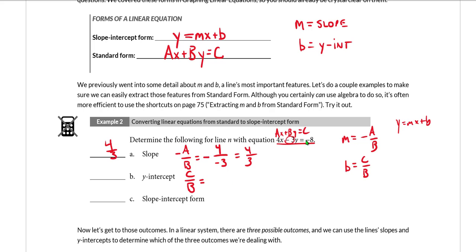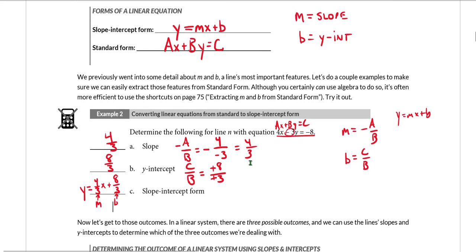So we are going to do c, which is our negative 8 over there, b, which is negative 3, and the negatives will cancel each other out, and we get 8/3. And therefore our slope-intercept form, just substituting 4/3 in for m here, and 8/3 in for b here. So our slope is there, our y-intercept is there, and now we have our slope-intercept form.